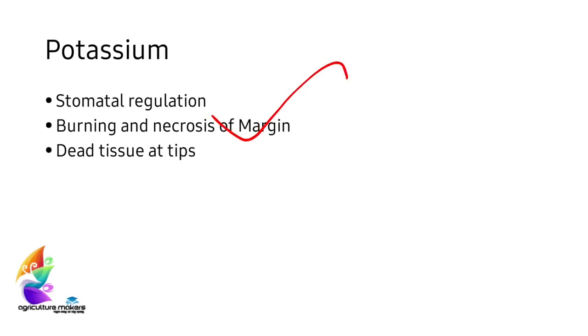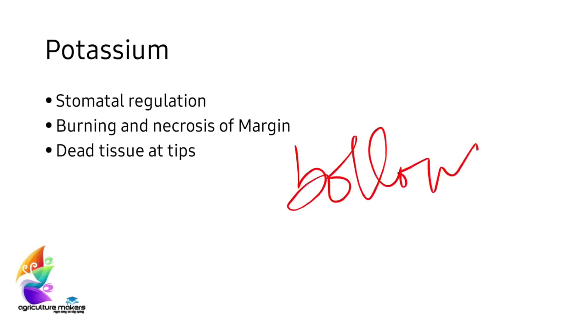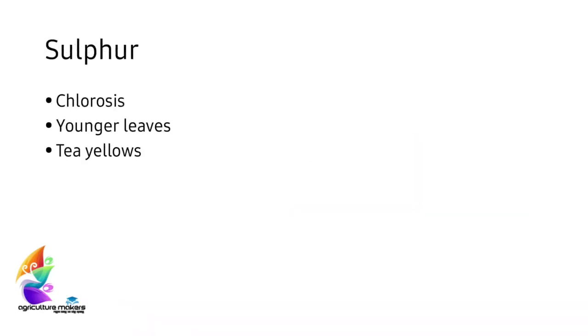You have to remember necrosis of margin due to dead tissue at the tips. It is the key symptom of potassium. That too, this key symptom, the necrosis of margin, occurs in the bottom leaves. You have to remember this: necrosis of the margin in bottom leaves.